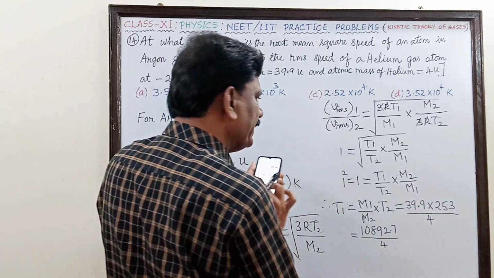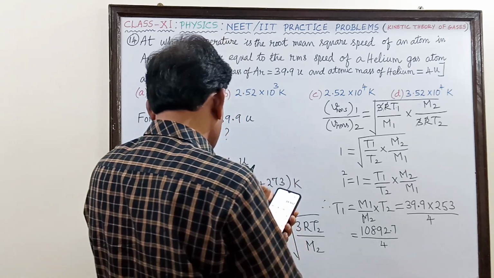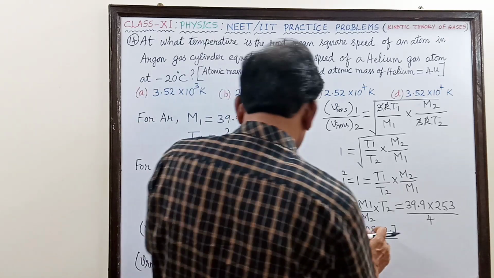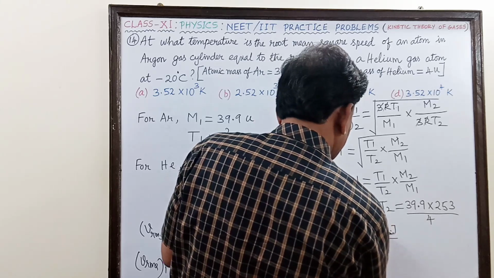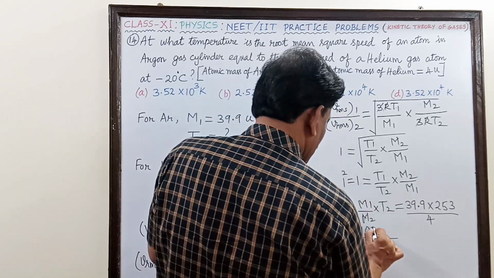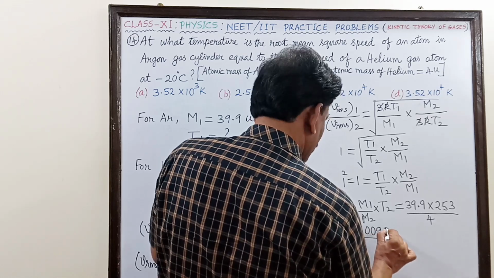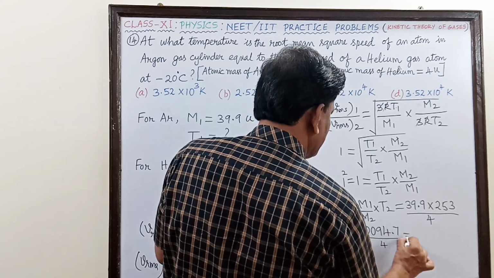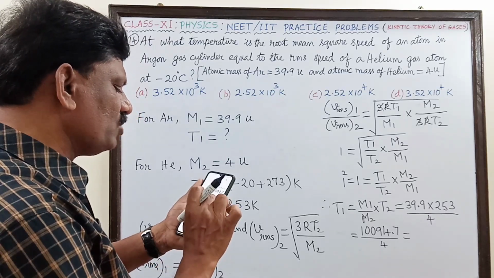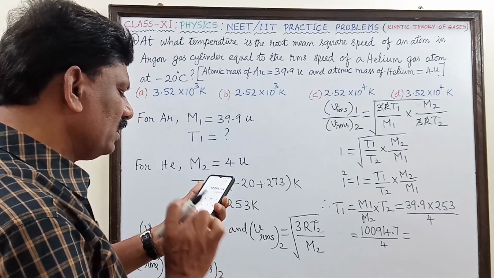Now 39.9 multiplied by 253 is equal to 10094.7, so I will correct that. This has to be divided by 4.